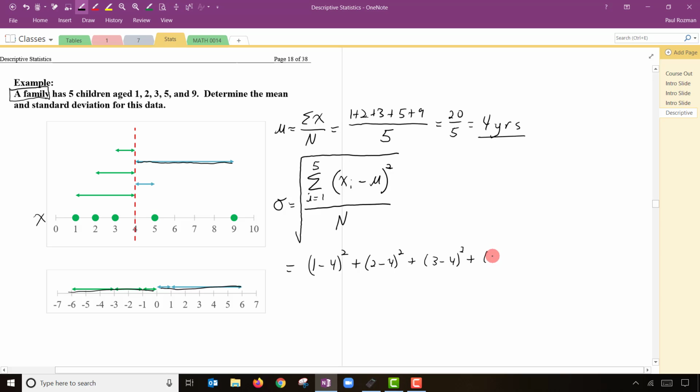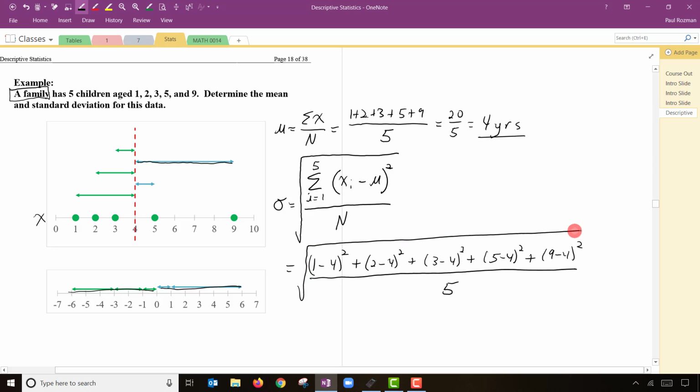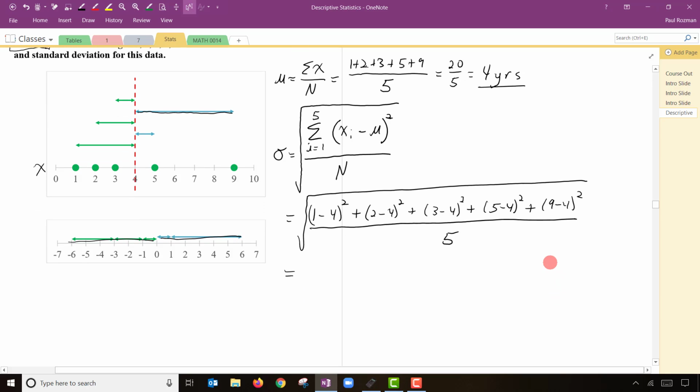This is where Excel starts to help us out, I guess. And then the 9-year-old. And we're dividing that by the 5 kids. And then don't forget the square root. So the numbers I picked here are pretty easy. But the square root I still need to take out my calculator.